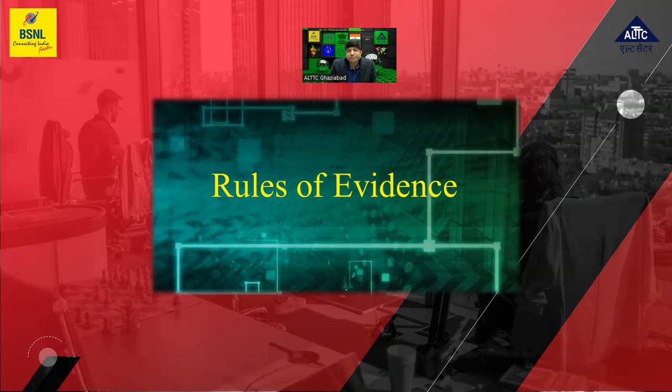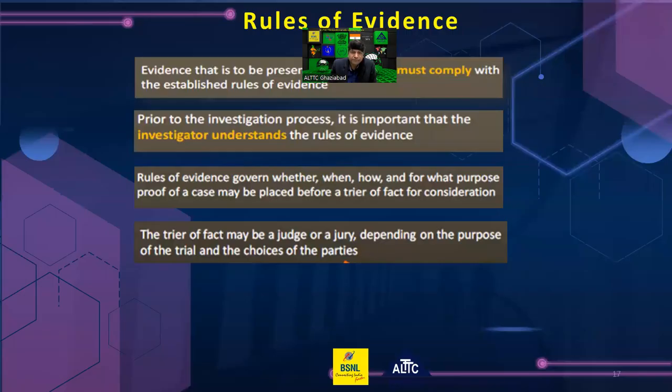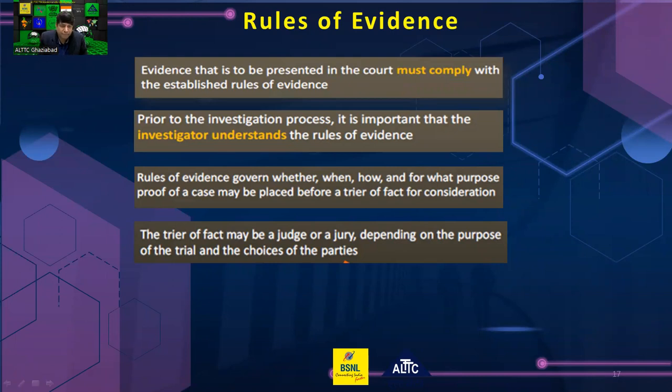Now we go to the rules of digital evidence. First we should know the meaning of evidence, and then we can go ahead. Evidence that is to be presented in court must comply with the established rules of evidence.